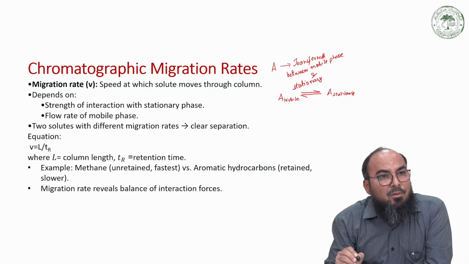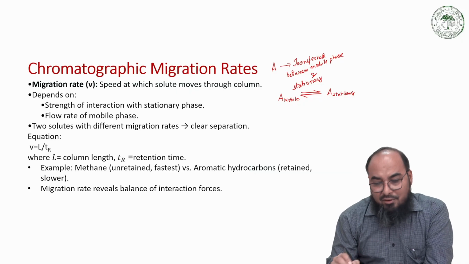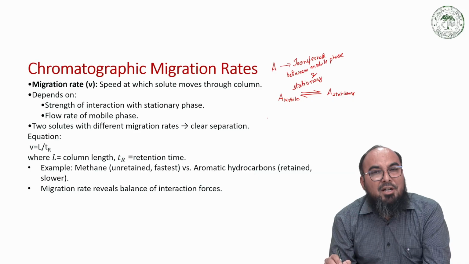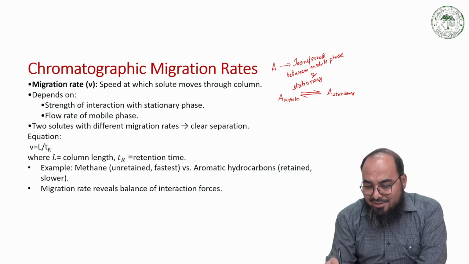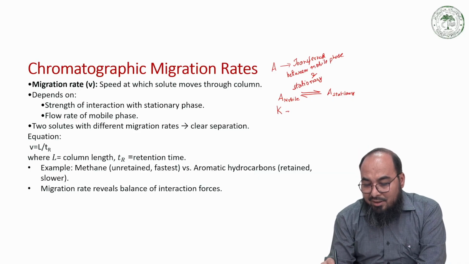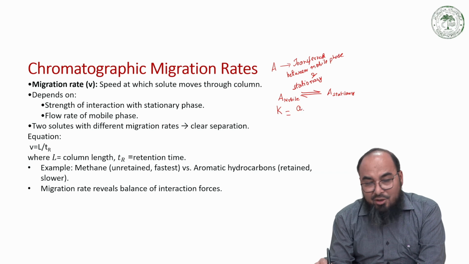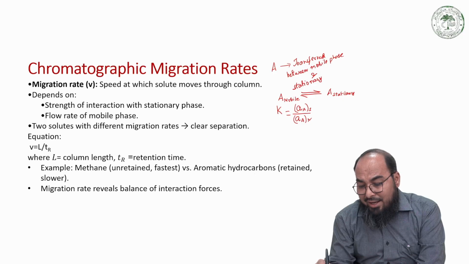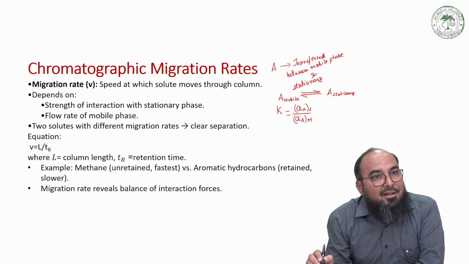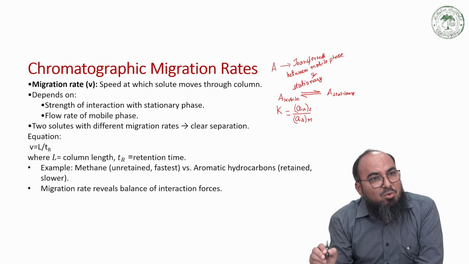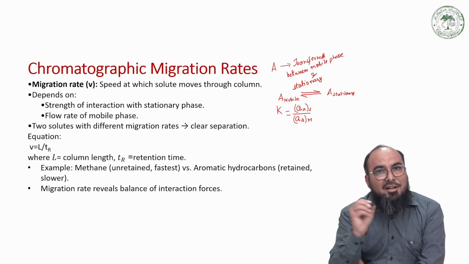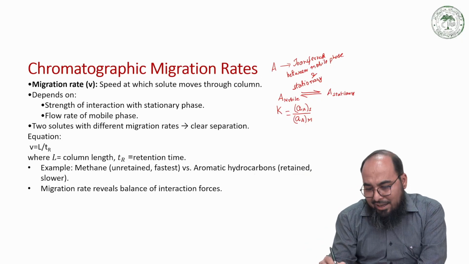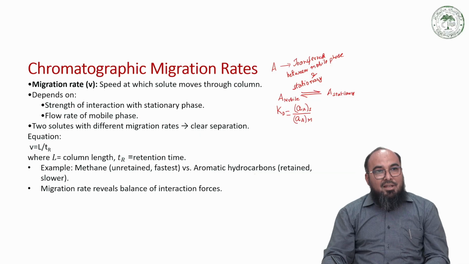Now in terms of equilibrium constant, how can we define it? We can define this transfer of an analyte between the two phases as K of activity of analyte A in the stationary phase upon activity of analyte A in the mobile phase. Since this analyte A gets distributed between the stationary phase and the mobile phase, we can write Kd.